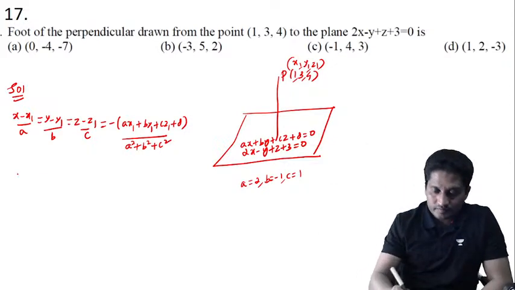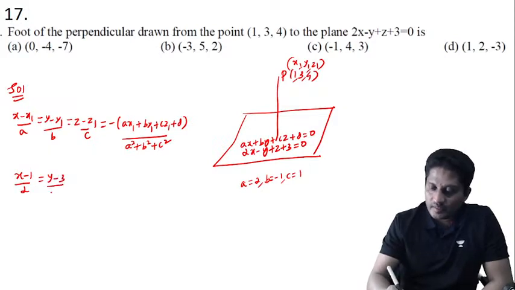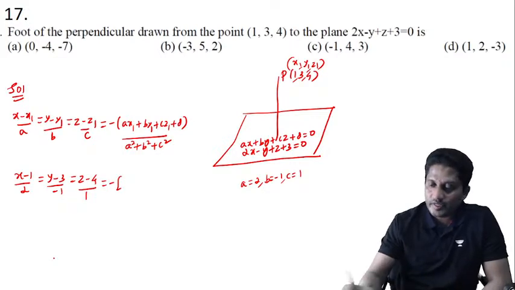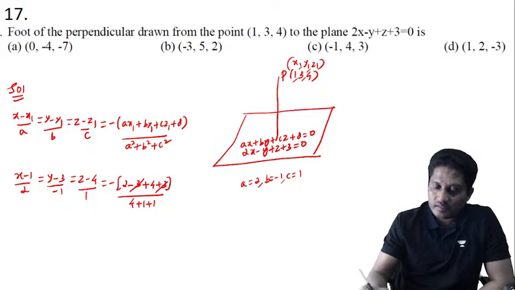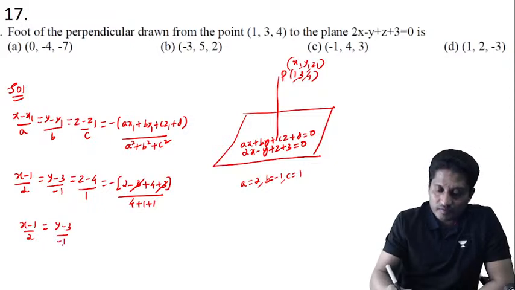Now if I substitute, we'll get (x minus 1)/2 = (y minus 3)/b = (z minus z1)/c. Substituting the point (1, 3, 4) in the plane, you get 2 minus 3 plus 4 plus 3 by a square plus b square plus c square, which is 4 plus 1 plus 1. It will cancel. (x minus 1)/2, (y minus 3)/minus 1, (z minus 4)/1 is equal to minus 1, sorry.